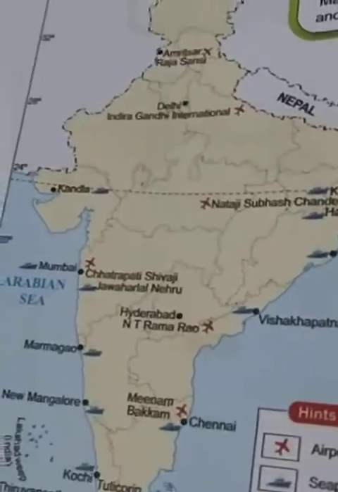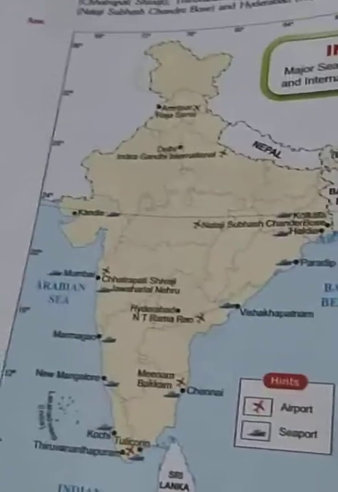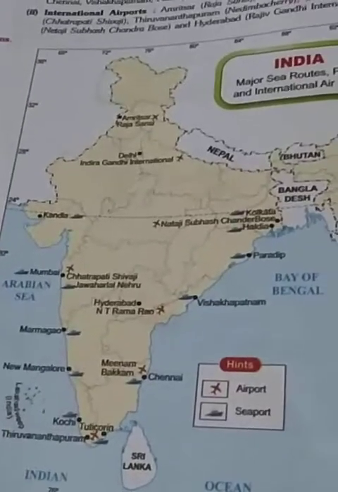Another is airports and seaports. Kandla is an important port, Chhatrapati Shivaji, or the major and big cities, ports and seaports, airports and seaports are important. Just look into it.